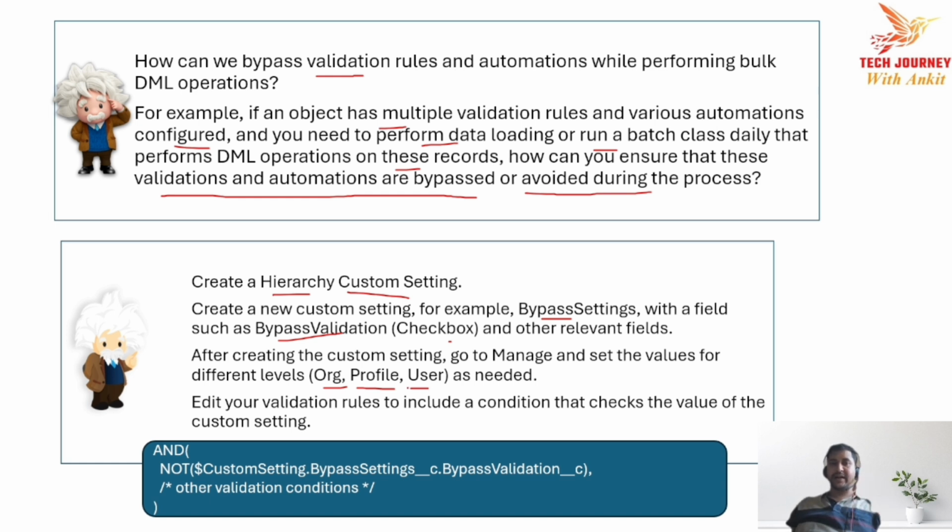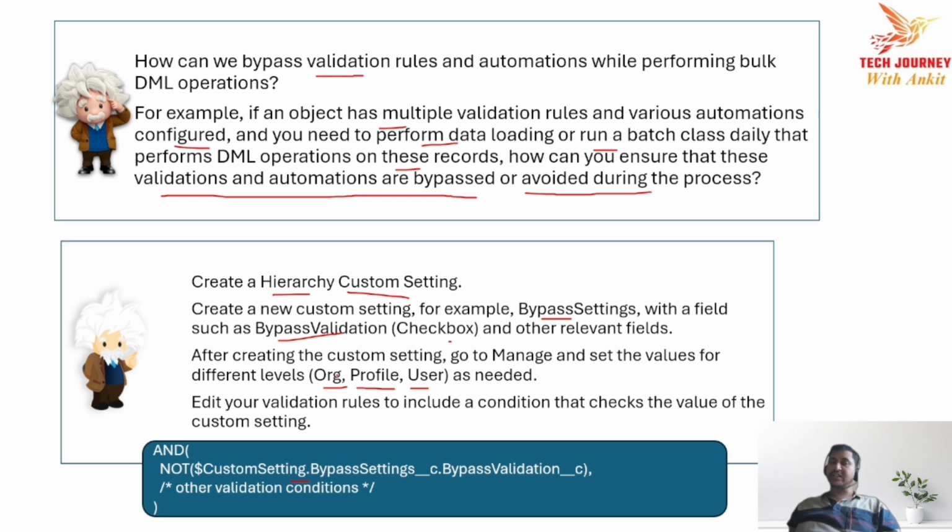Once my custom setting part is done, I can go and write the validation rule, or modify the validation rule, to check the value available for the bypass setting. If the user is configured here, or the user's profile is here, or the value is set for bypass validation at the org level, then that particular validation rule will be bypassed.